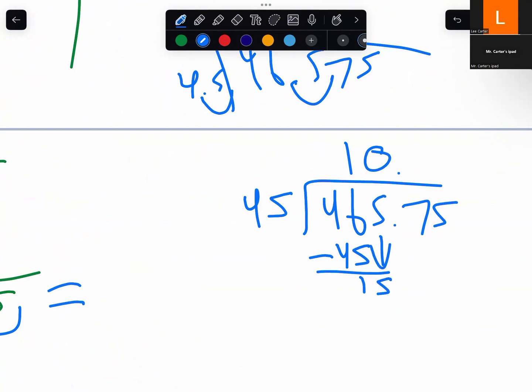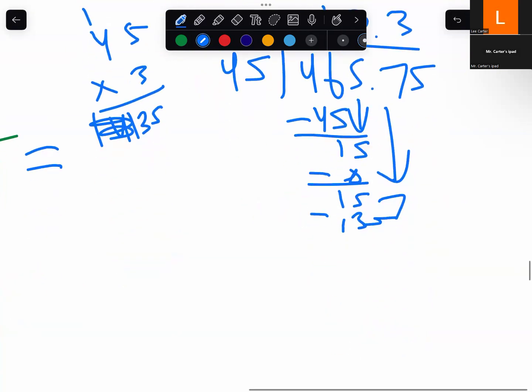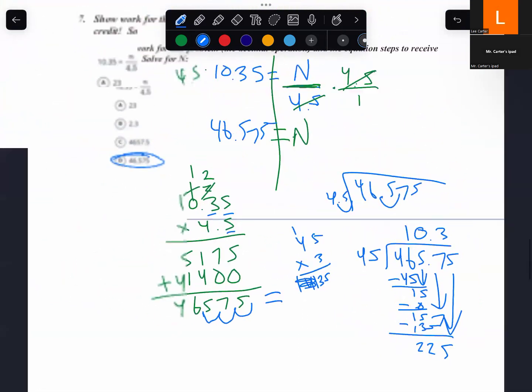45 does not go into 15. Okay, 45, 90, that's going to be 45 times 3. Sorry, 45 times 3. All right, it's 135. Okay, so that's 22. And then 225. And we're hoping that that's going to be what?